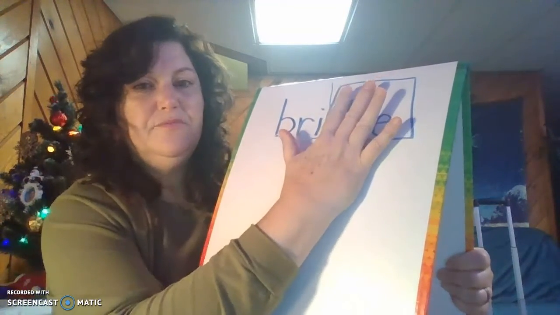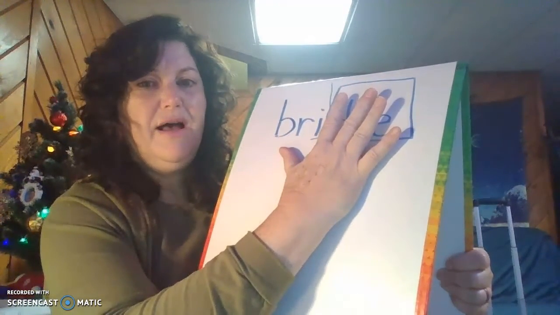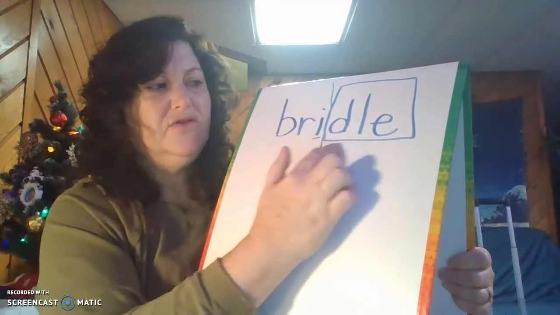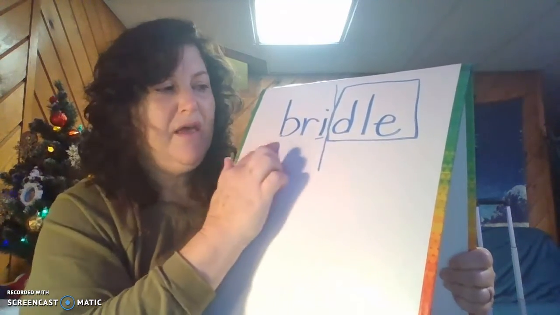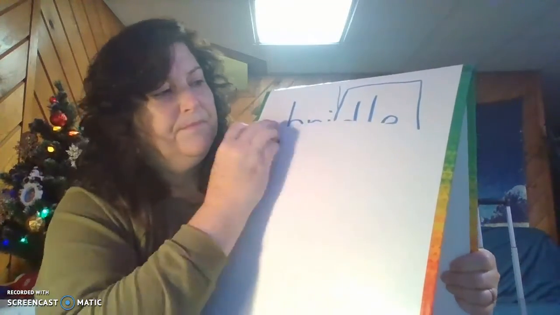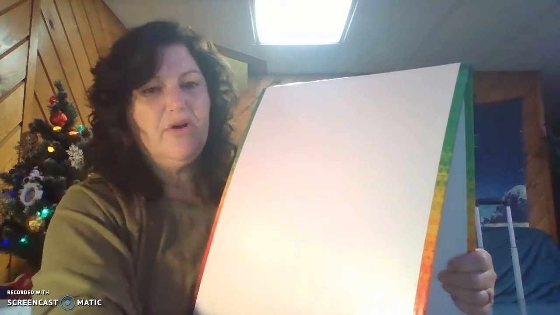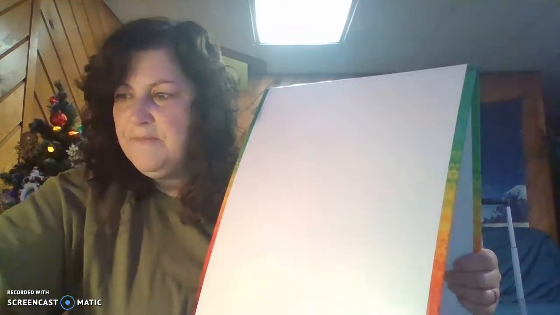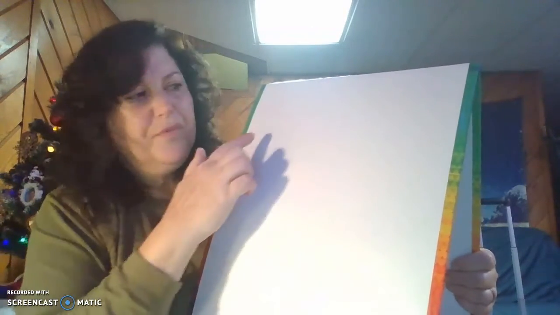Open syllable. We've got a bri, and we've got a consonant LE, dul. Put them together. Say it with me. Bridle. Like a horse wears a bridle around its face so that they can walk it around.